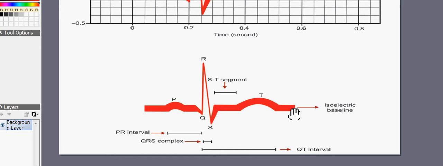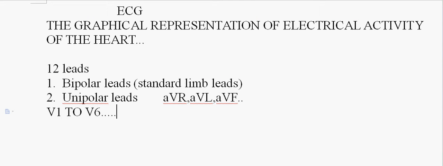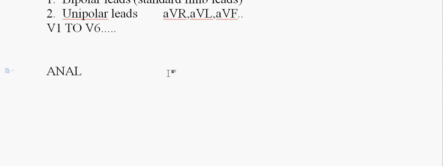So what does this sheet really tell us? In order to know that, we need to know the individual characteristics of all these waves, so that we can determine whether it is normal or whether we have some kind of abnormality regarding the electrical activity of the heart.